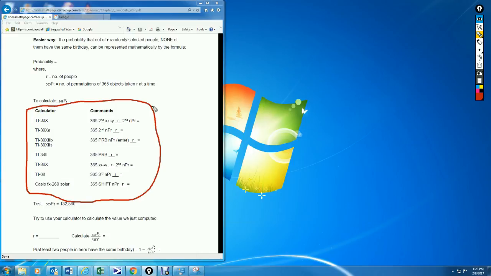Use your calculator to do the calculation for you. If you have any of these particular calculators, I've already shown you the commands here. Kind of ignore these numbers here. This was the specific calculation I was doing. And again, keep in mind, this is for nPr.